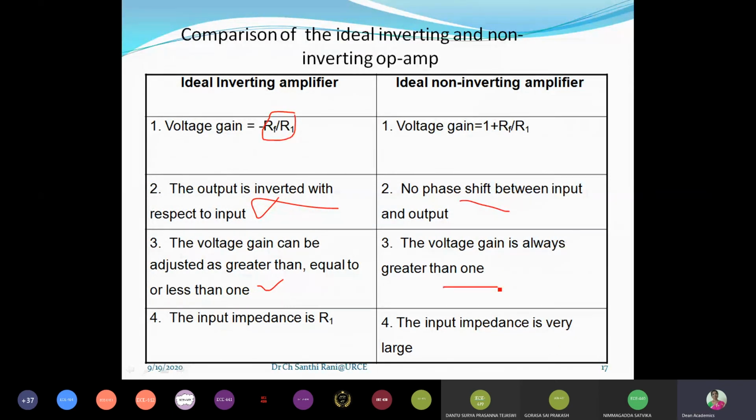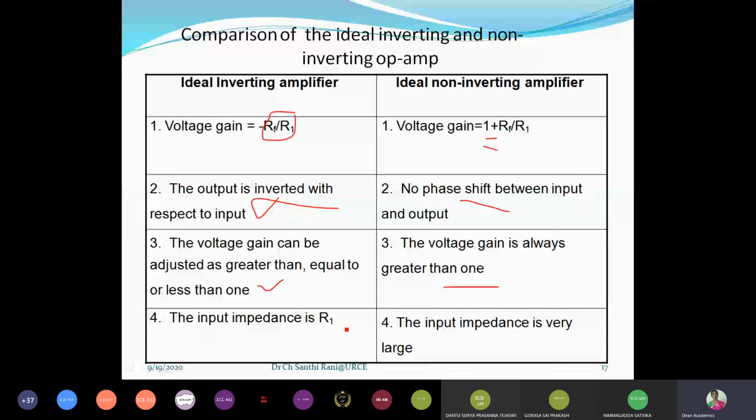And here it is always greater than unity because it is 1 plus. Then the input impedance will be very large here, and here it is equal to R1. These are the same things we have discussed; we have just tabulated them.